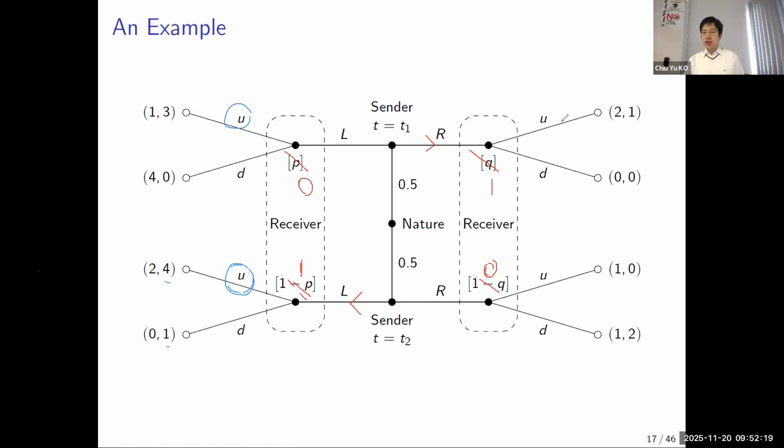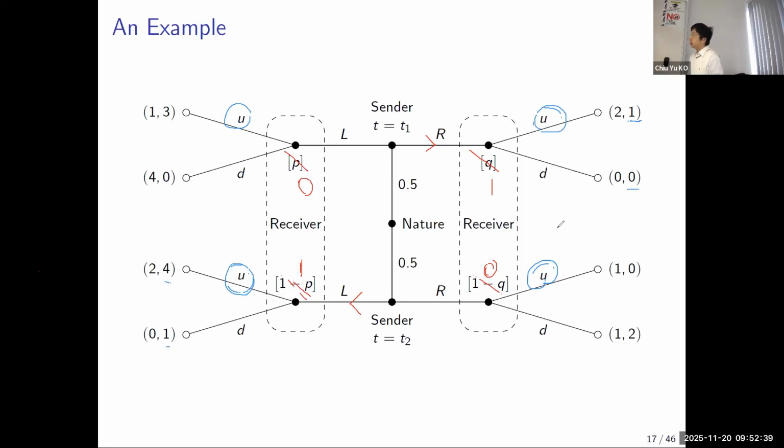His choice is U gives 1 and D gives 0. So of course, U will be chosen as a result.